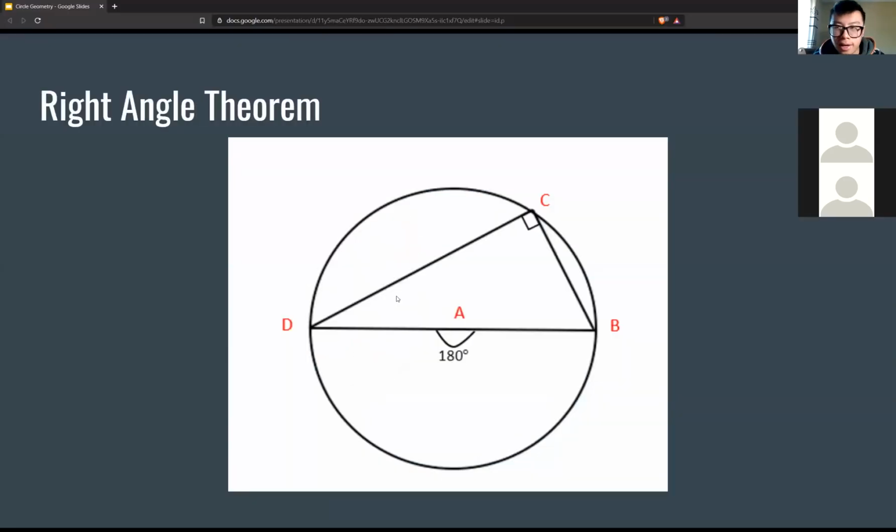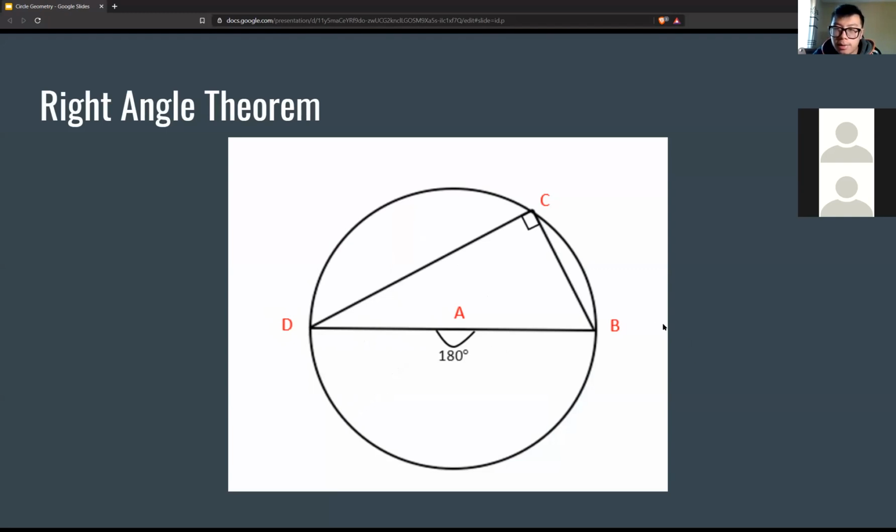We have the right angle theorem. So basically, when you have a semicircle, so DB, so this line segment DB, that's equal to the diameter of the circle, and A is the center point. So we have this angle right here. It's still considered an angle, even though it's a line. It's 180 degrees, anyways.